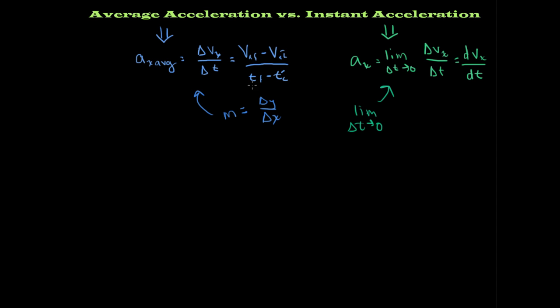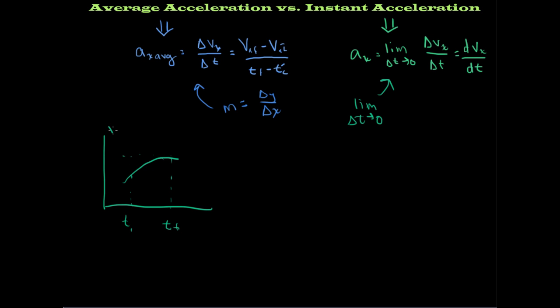So you start off and you're like, okay, here's going to be my t final, here's my t initial. Let's say this is the velocity, and this would be time. This would be your final velocity, and this would be your initial velocity.